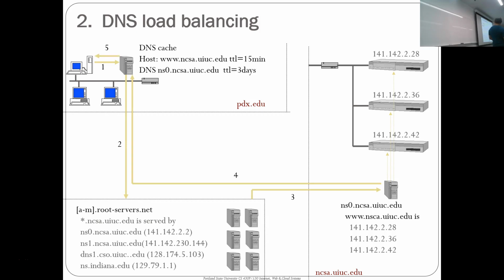Then here I cache the name lookup, and it was a 15-minute TTL on the cached lookup. Everyone else in this subnet, when they asked for this DNS name, would go to the same entry, and you would go back and hit, let's say it was .28 that you got back. So that's how it worked initially, and then you would get your content back. It's a really simple thing to do. Really easy to implement, pretty effective. Still being done today.